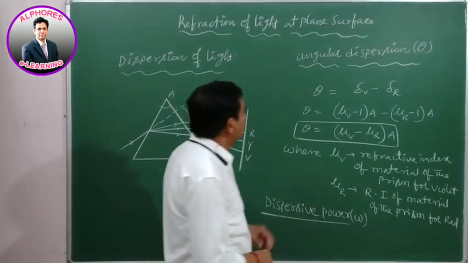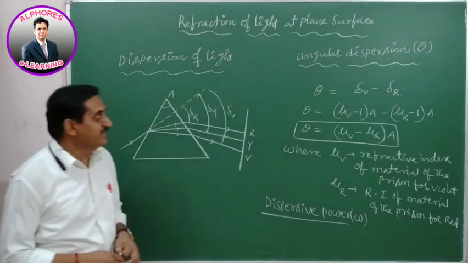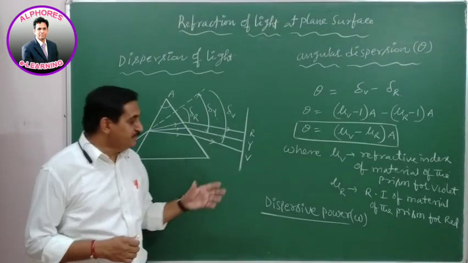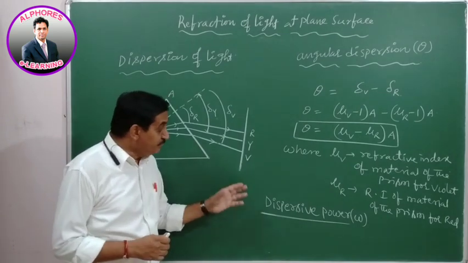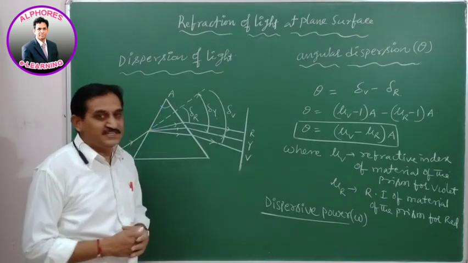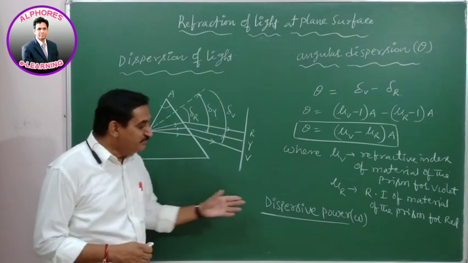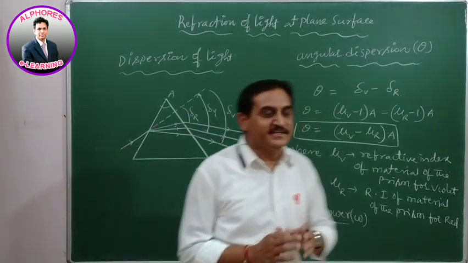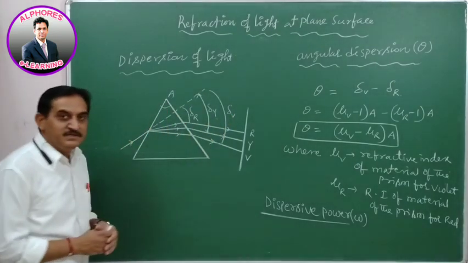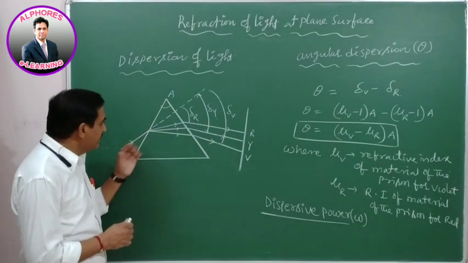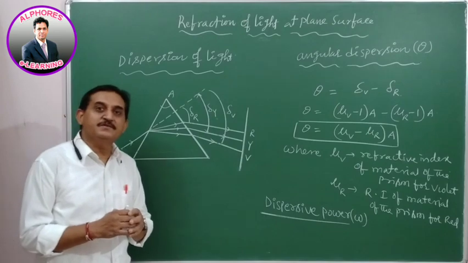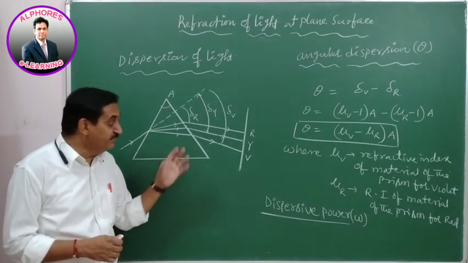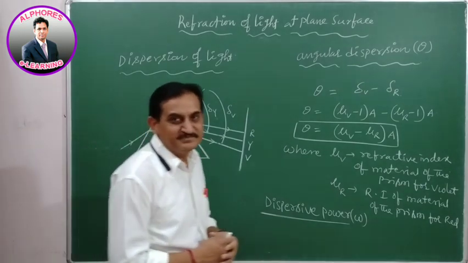Let us go for one more point, that is dispersive power. Dispersive power is represented by omega. So what is the meaning of dispersive power? Whenever white light is incident on a prism, the 7 colors separate, splitting from the white light and giving a spectrum.